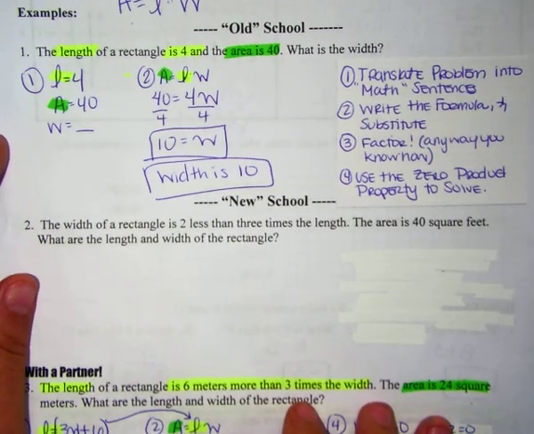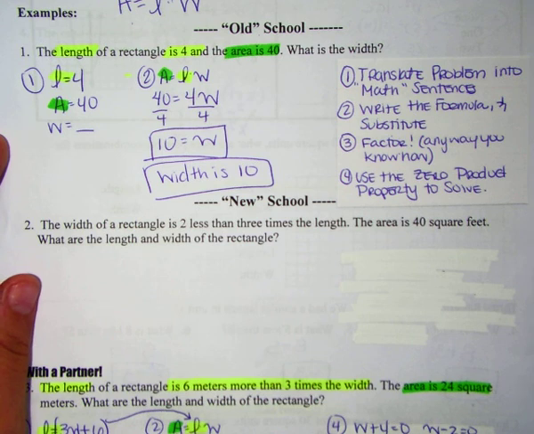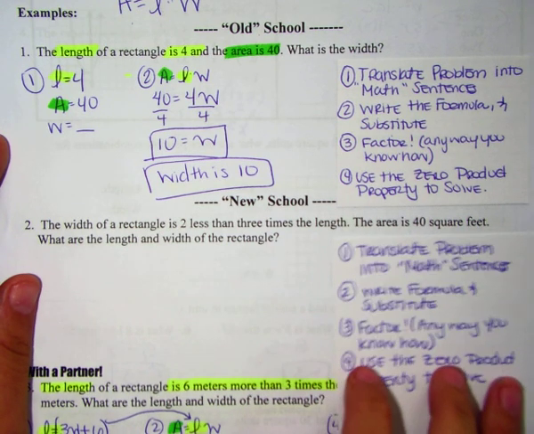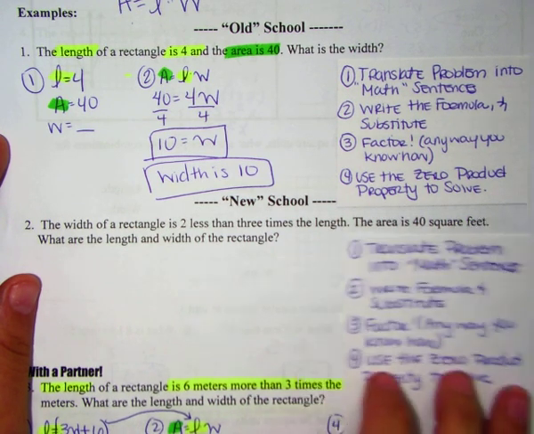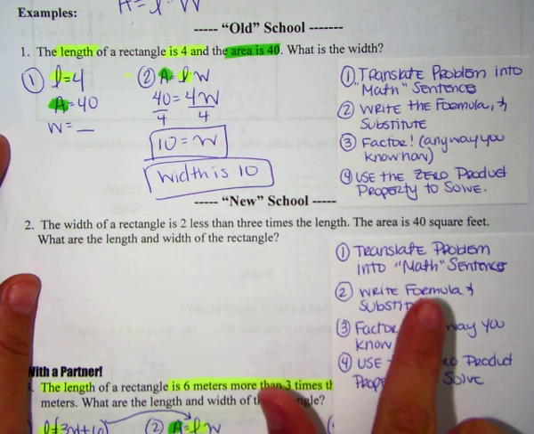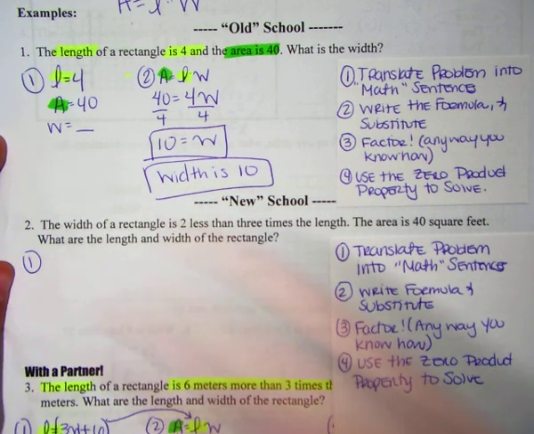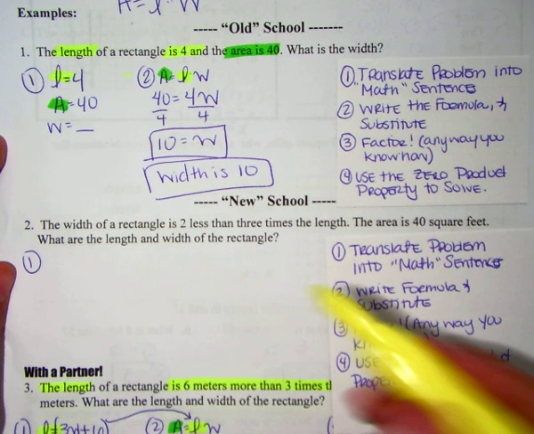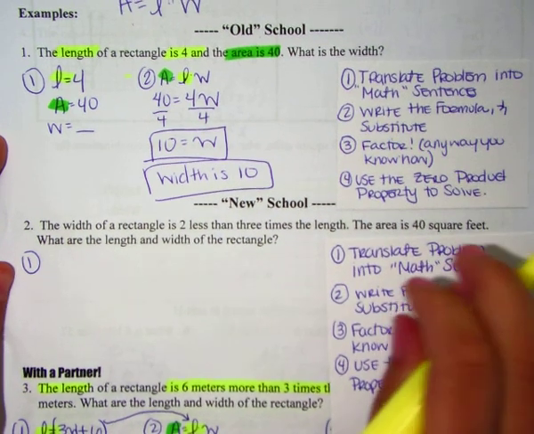Let's go ahead and do this new school problem, which is like a new version of it, and we're going to use the same steps. I have them over here on my card, but I'm moving it back and forth. So first is to translate into math sentences. So the width of a rectangle is 2 less than 3 times the length.